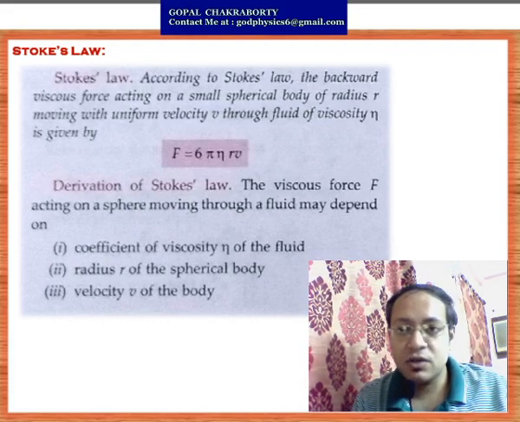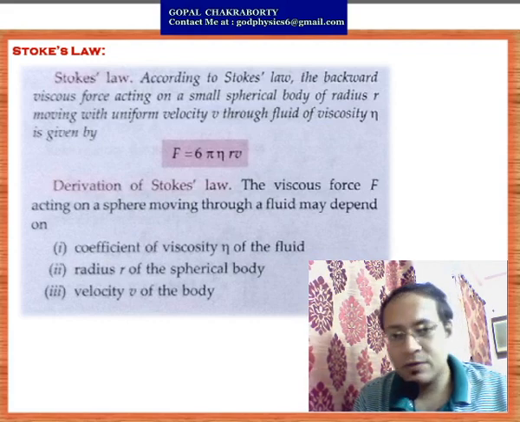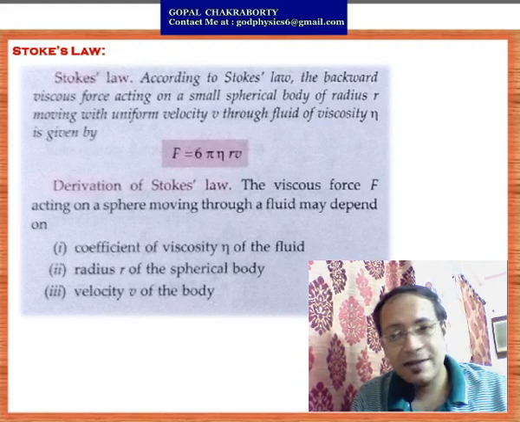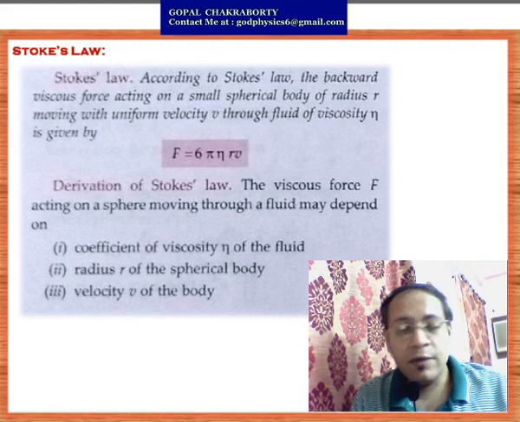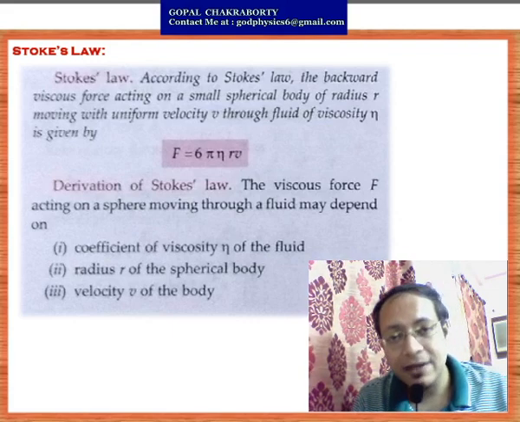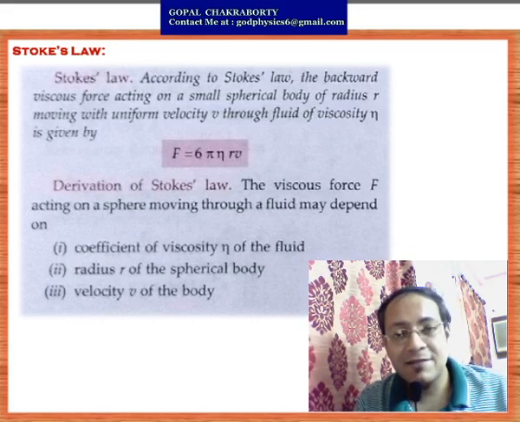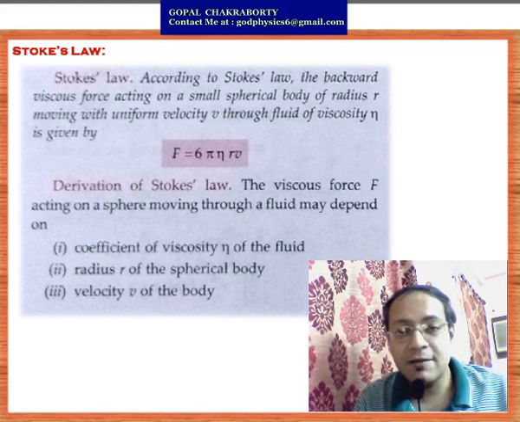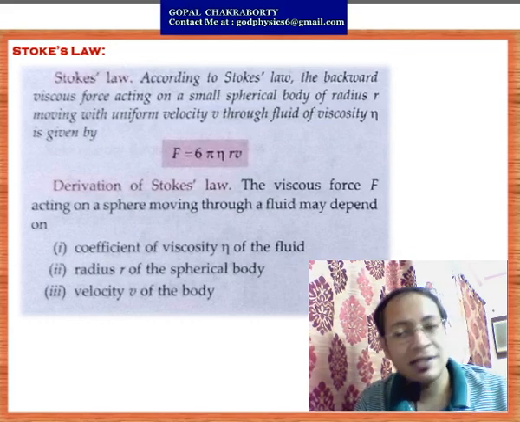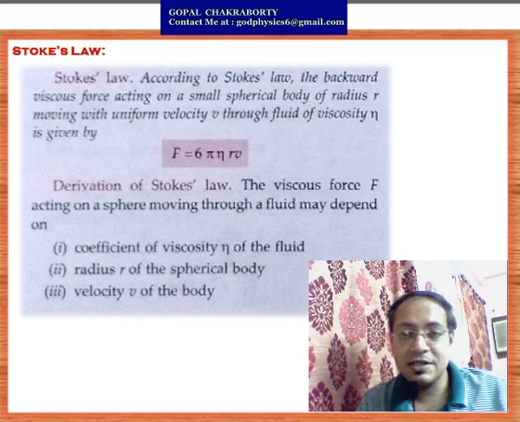According to Stokes Law, the backward viscous force acting on a small spherical body of radius r moving with a uniform velocity v through a fluid of viscosity eta is given by F equals 6 pi eta r v, where F is the viscous or dragging force, eta is the coefficient of viscosity of that liquid, r is the radius of the ball, and v is the corresponding velocity. So this is Stokes Law.